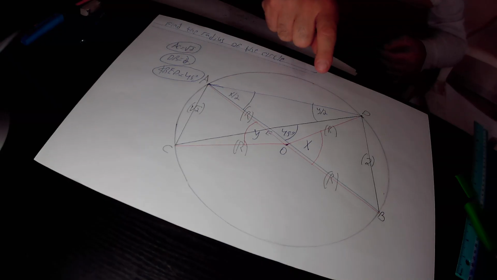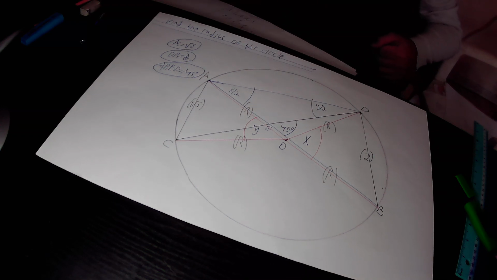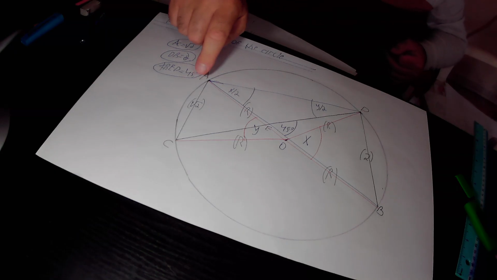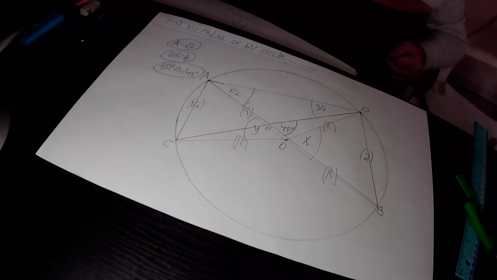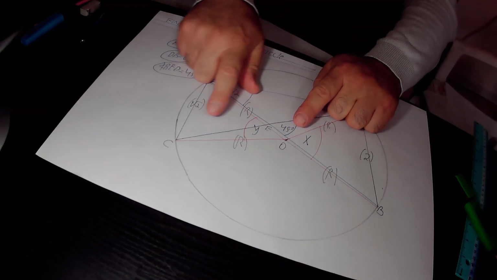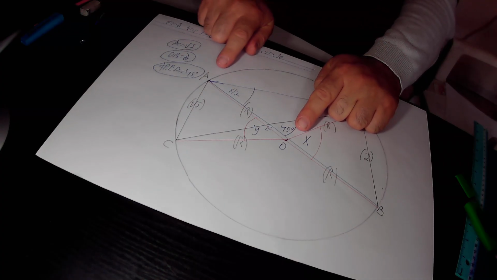We define the center of this circle at this point as point O. Then we know that peripheral angle ADC subtends chord AC. In the next step, we join points O and C together by a straight line, and we join points O and A together by a straight line.